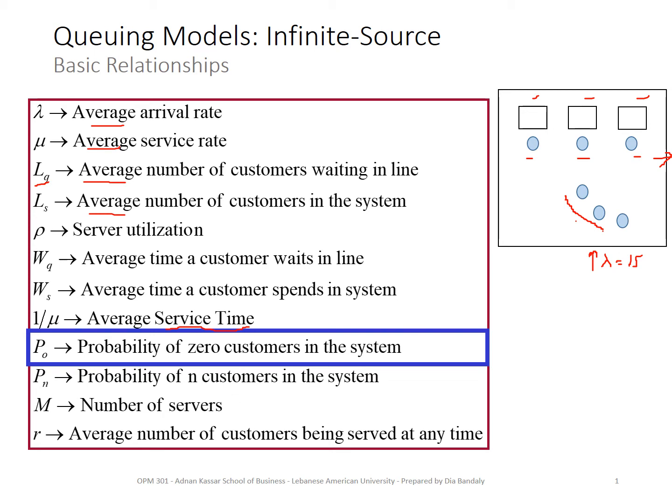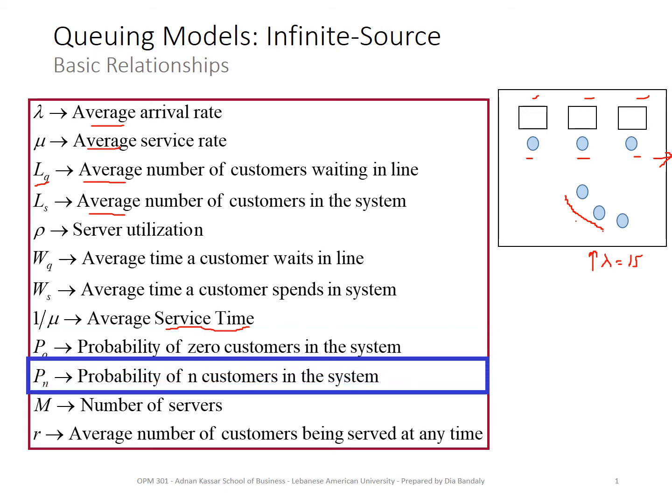It's very, very important for you to understand that. Why? Because I can ask you what the probability is that we have 2 people in line, and then I cannot use the formula that I have. I have to do some transformation that we're going to explain later. But just for now, you need to understand that these are probabilities in the system. Then we have Pn. This is the probability that we have n persons in the system.